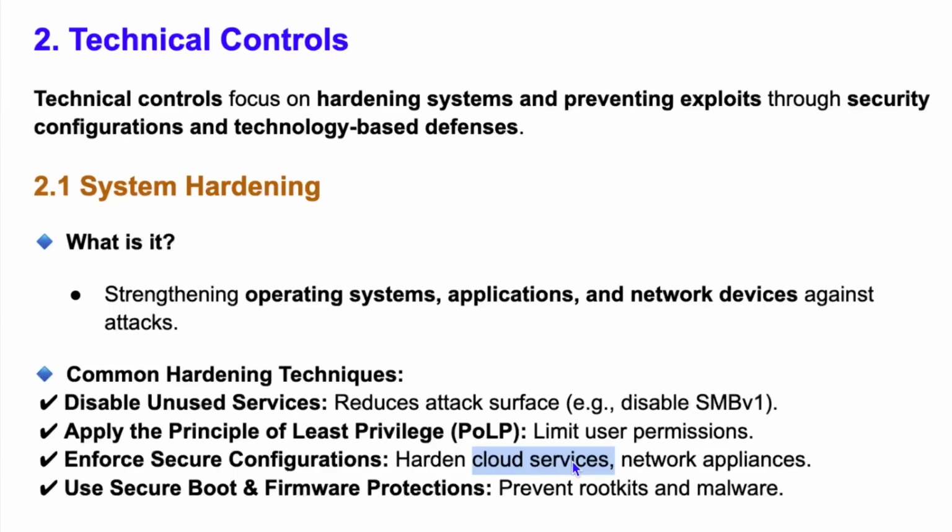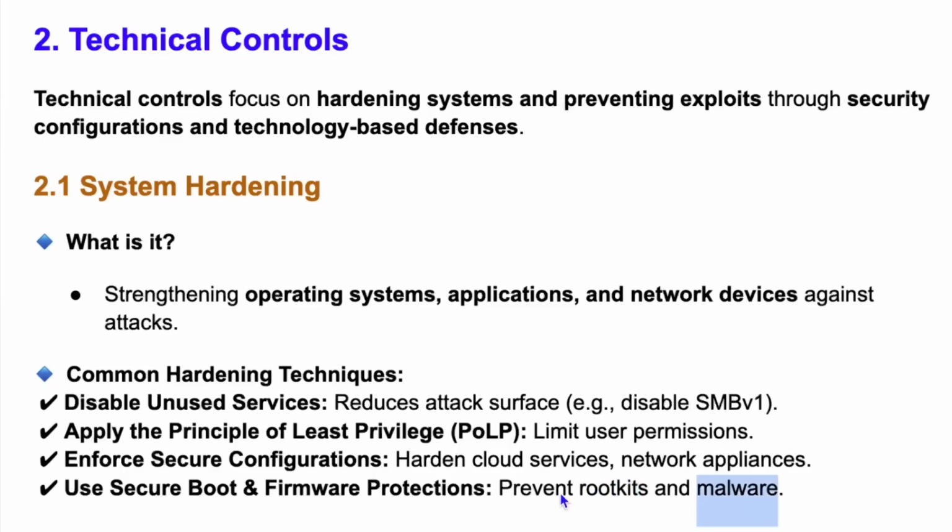Using secure boot and firmware protections, so preventing rootkits and malware from actually being able to launch on your machine, on your web server, when the machine boots, right? So if the machine is booting for the first time or it's rebooting, you need to have secure boot configurations or firmware protections in place to make sure that rootkits are not able to launch from that machine or maybe even be installed to that machine.